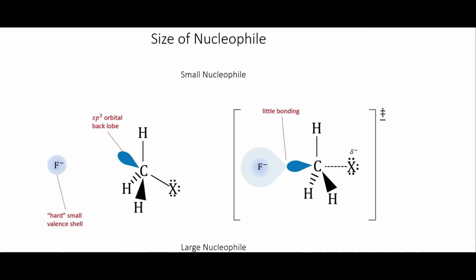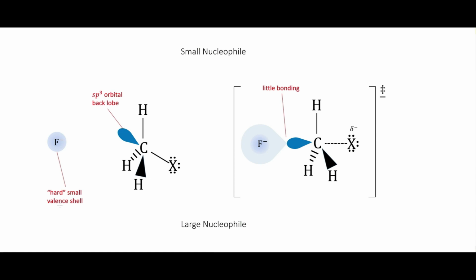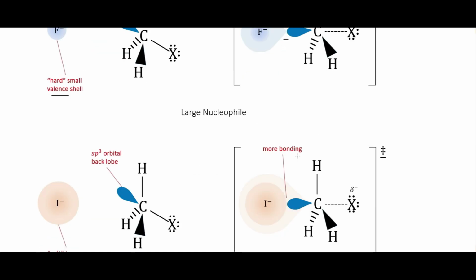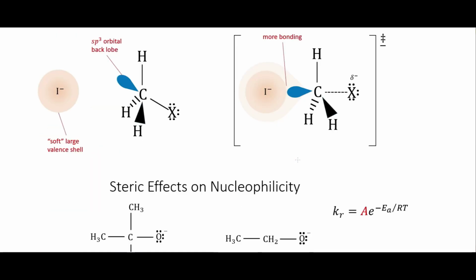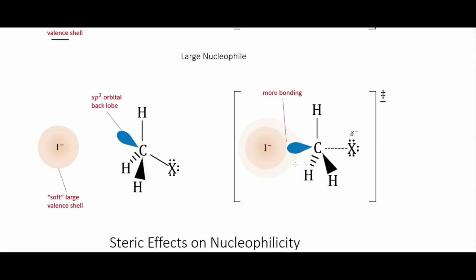So if we're looking at the fluoride here, we have this hard or small valence shell on the fluoride, and so there's going to be less bonding in the transition state. So there's less overlap with this back lobe of the sp3 hybrid orbital that the fluoride is trying to bond with. Whereas if we're looking at the iodide, that electron cloud is much more spread out, so there's a lot more overlap going on in the transition state.